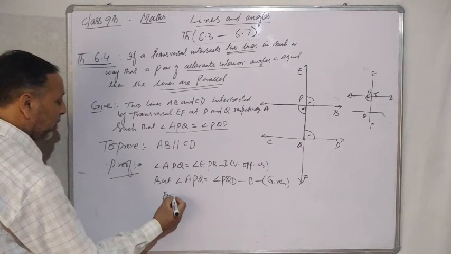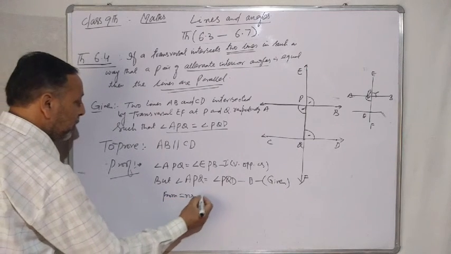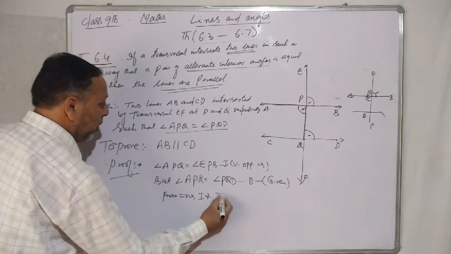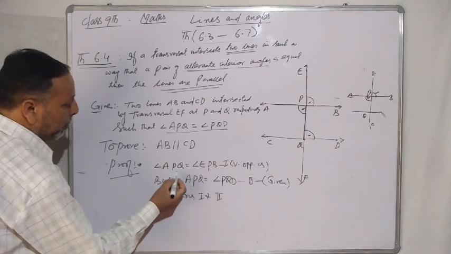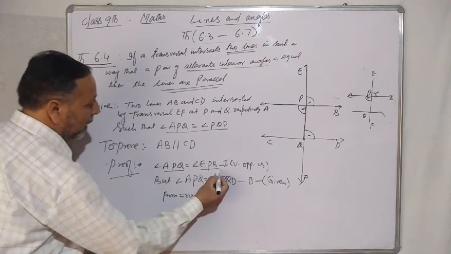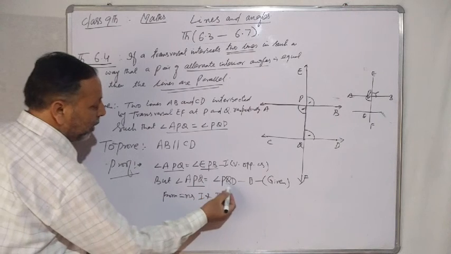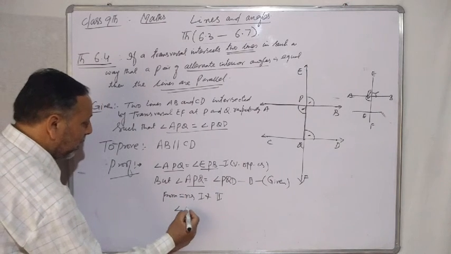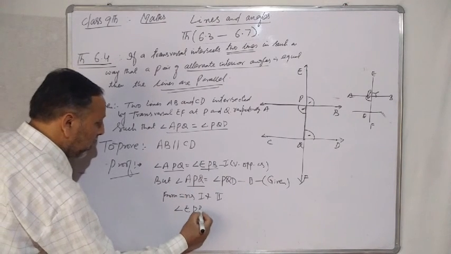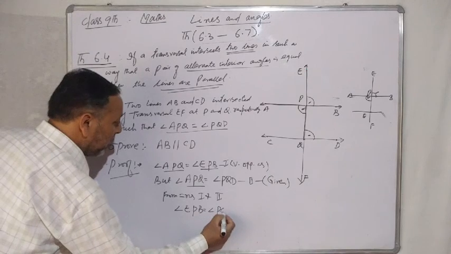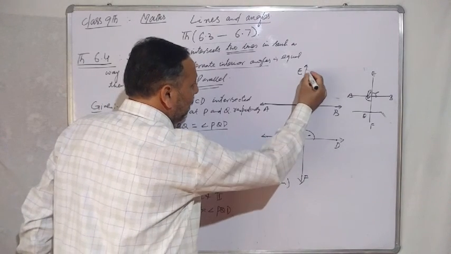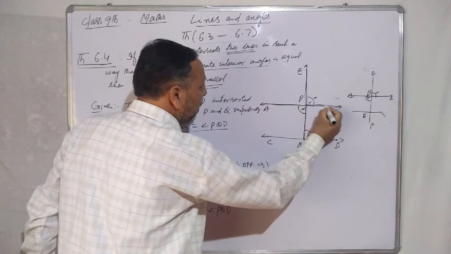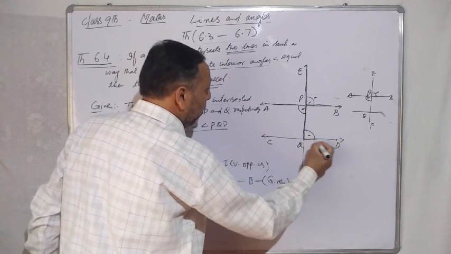From equations first and second, what do we conclude? We conclude that if we have angle APQ equal to angle EPB, and angle APQ equal to angle PQD, then angle EPB is equal to angle PQD.